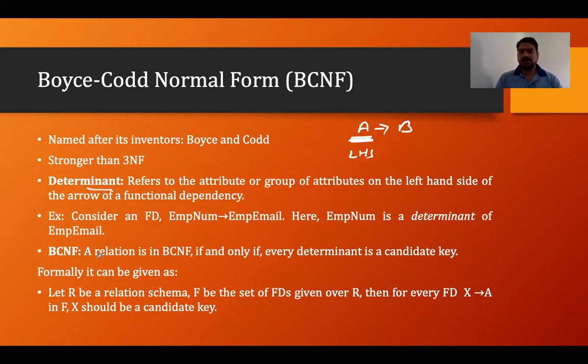A relation is in BCNF if and only if every determinant is a candidate key. It says that in your functional dependency list, every left-hand side part should be a candidate key.